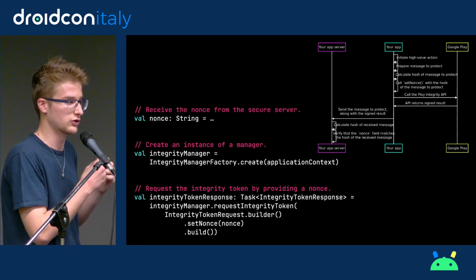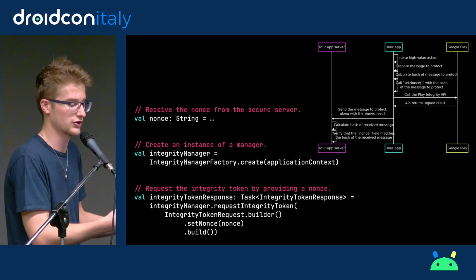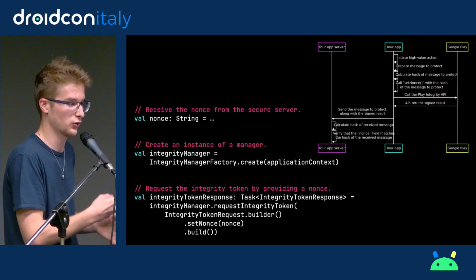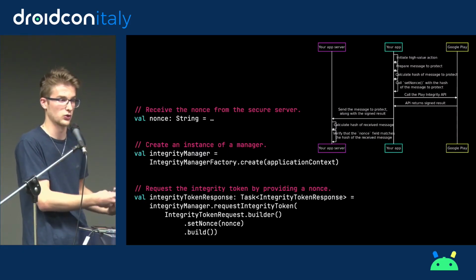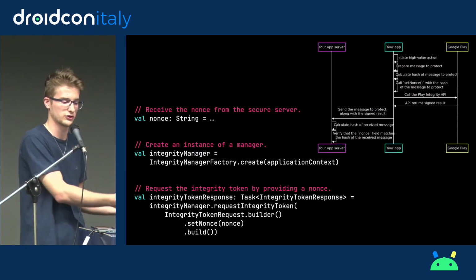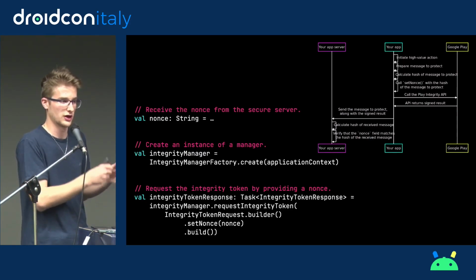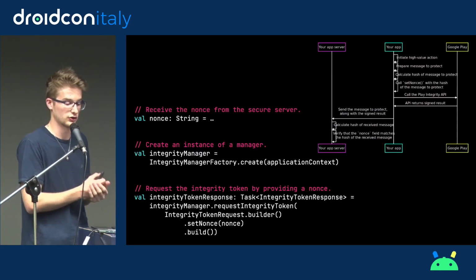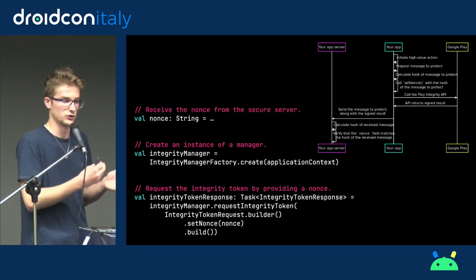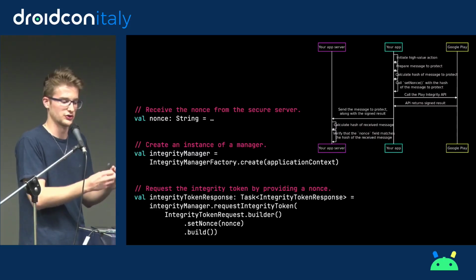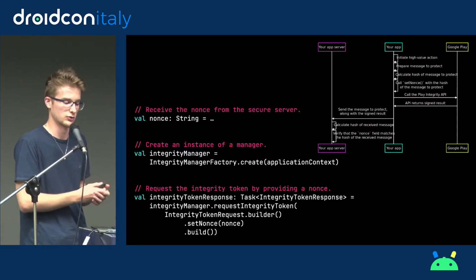And so the control of the interaction is not only in your application's hand, which is actually where your attacker may want to use its control. It is in Google Play and your app server's control. And so you have this distributed interaction where you're not the only one in this transaction, and so you can have more security.